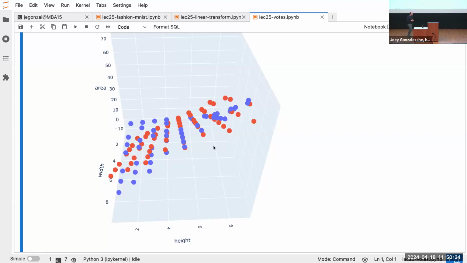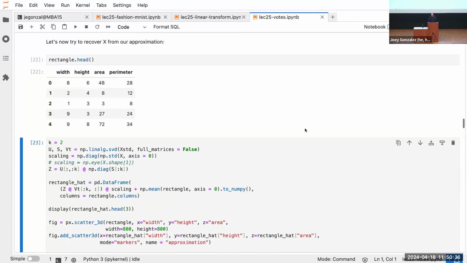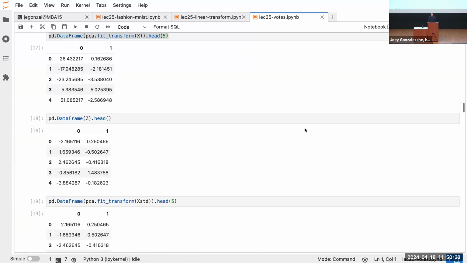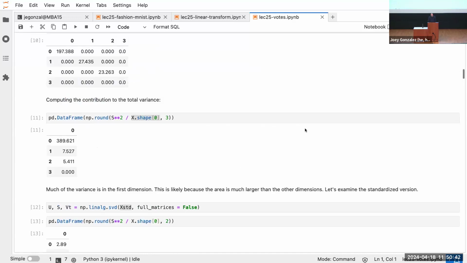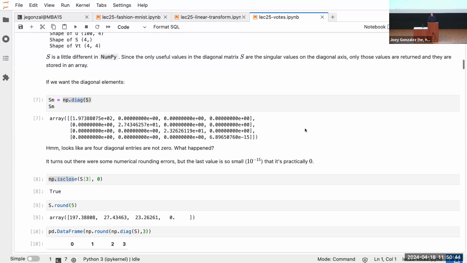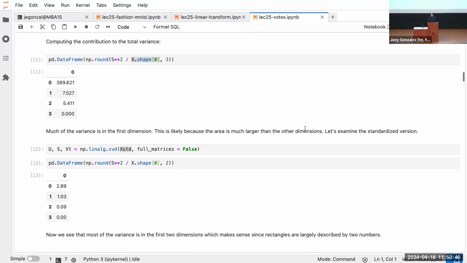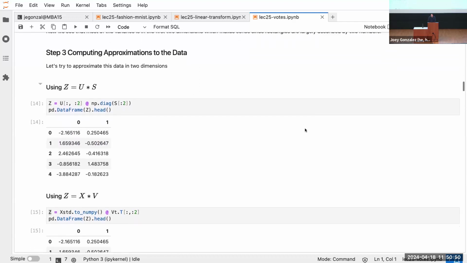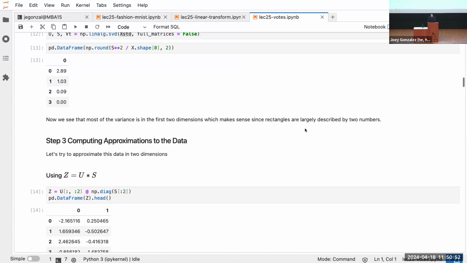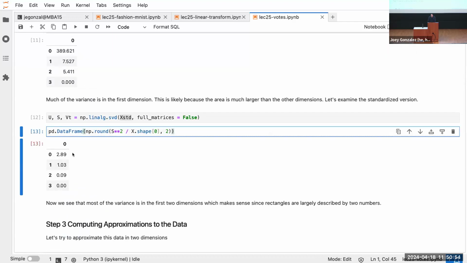And we saw that because even when I did this SVD decomposition, where's the numbers? Oh, I went too far. V of S. Here we go. The last singular value was not 0.